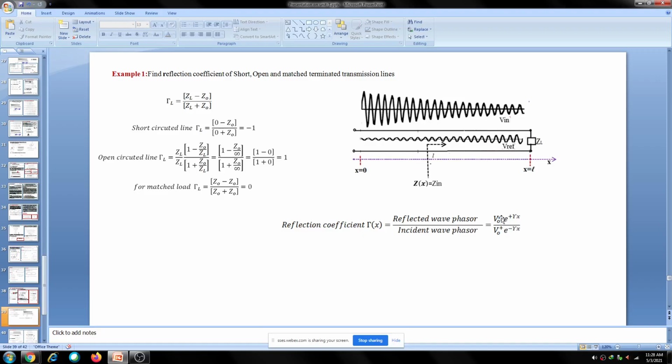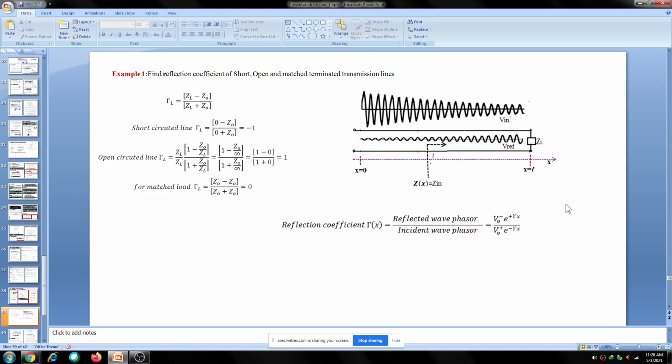That means whatever is incident here will entirely reflect back, but with a 180 degree phase with respect to the incident wave. That's why there is a minus 1 here.